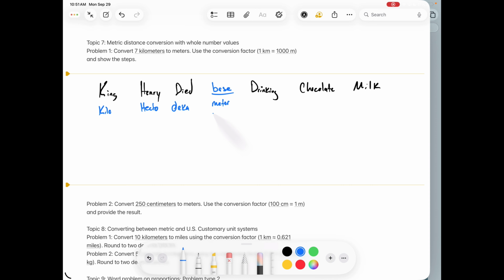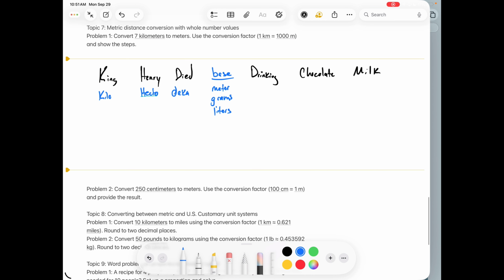You could do it for grams, which is weight, and you could do it for liters, which is like volume. So you could do that for either one of those. And then you get smaller: deci, centi, and milli. So these are prefixes. So decimeter, deciliter, centigrams, centiliters, centimeters, millimeters, milligrams, milliliters, okay?